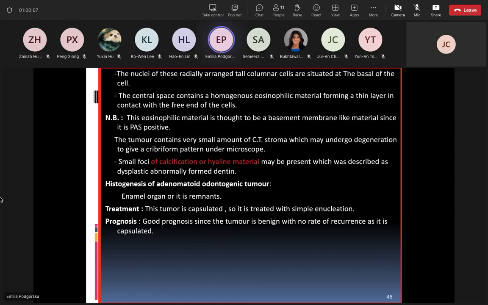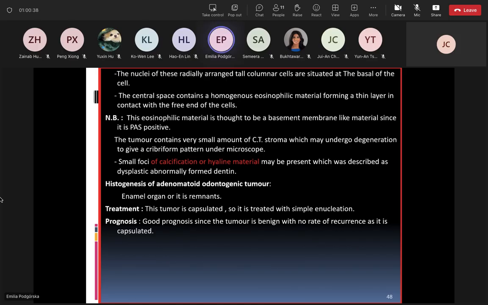This eosinophilic material is thought to be basement membrane-like material. The tumor contains a very small amount of stroma, which may undergo degeneration to give a trabecular pattern under the microscope. Small foci of calcification of hyaline material may be present, which was described as dysplastic, abnormally formed dentin.